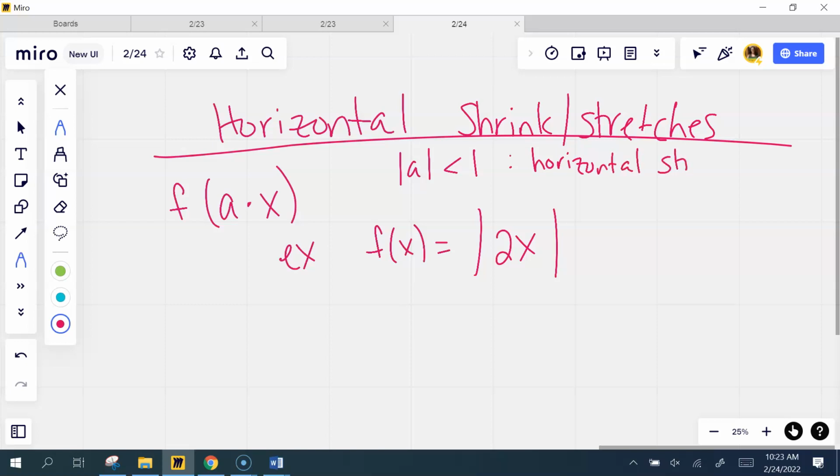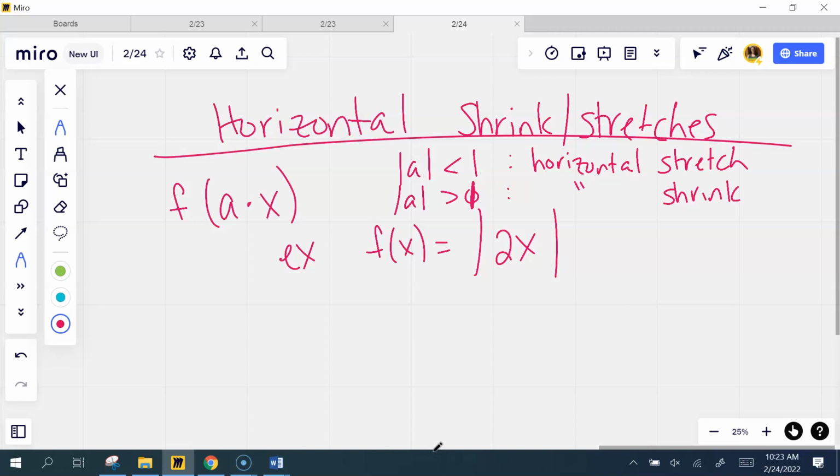Stretch. And if the absolute value of a is greater than 1, it's a horizontal shrink. Okay. Now we talked a little bit yesterday about how a horizontal shrink is the same thing as a vertical stretch, and that's why. Okay, so they kind of do the same thing there.